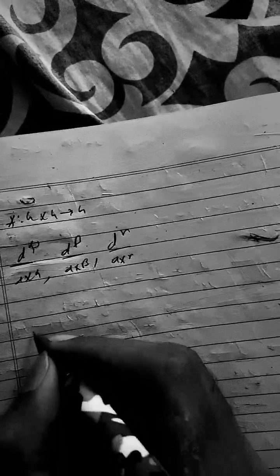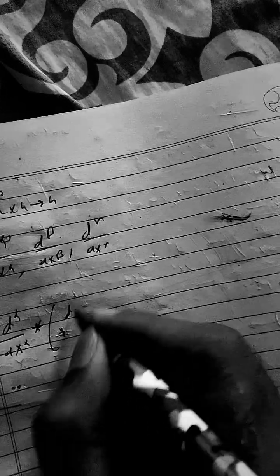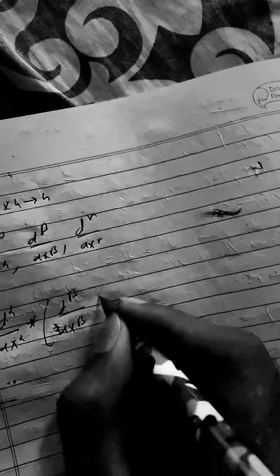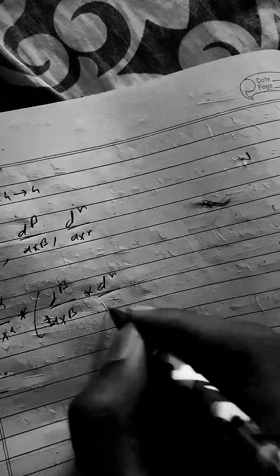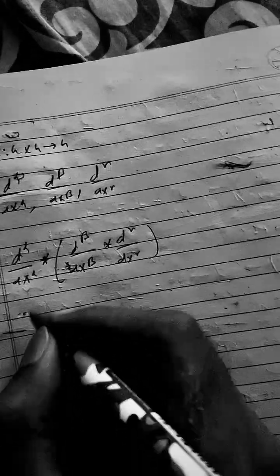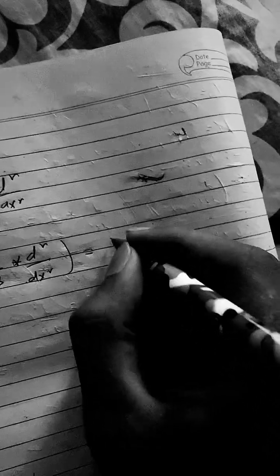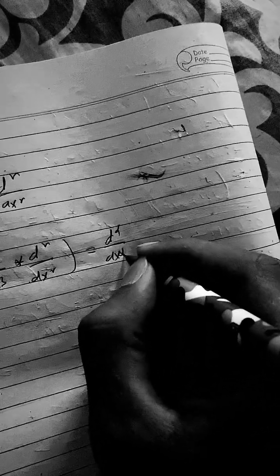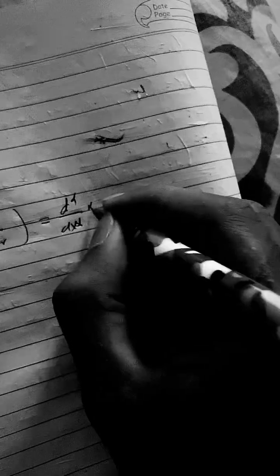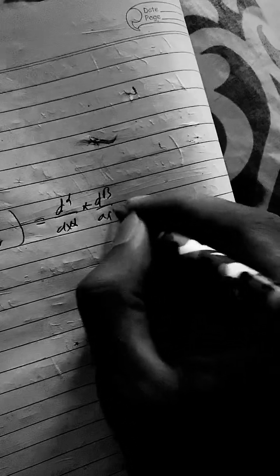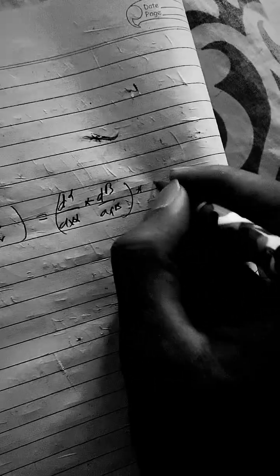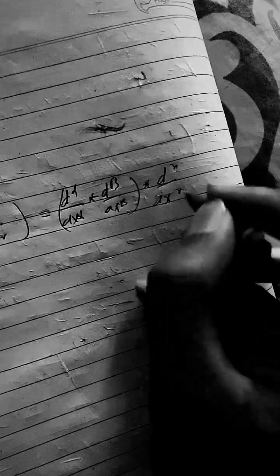Now for associativity, what does it mean? Well, it means d alpha dx alpha with star and d beta dx beta star d gamma dx gamma, and this must be equal to d alpha dx alpha with star d beta dx beta, and this is going to star with d gamma dx gamma. Now evaluate this.